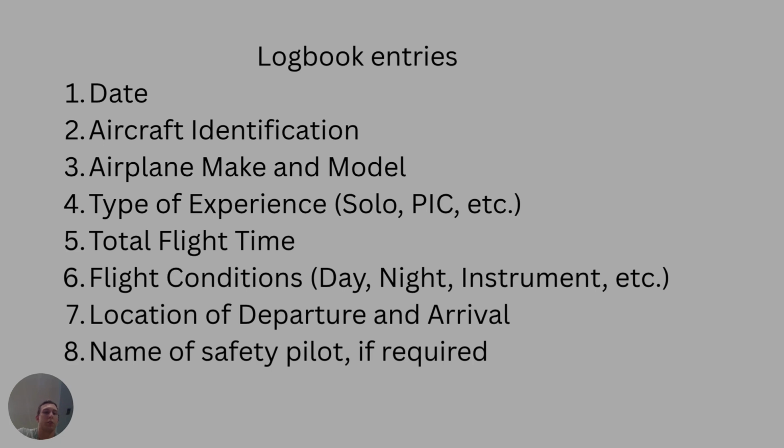And then you include the total flight time and flight conditions, so it's day, night, instrument, cross country, dual received, PIC, etc. The location of departure and arrival, so pretty much just the airport you started from and where you finished. And the name of the safety pilot, if that's required.